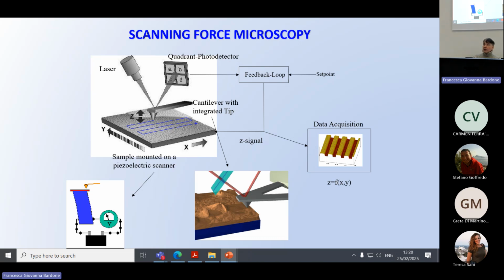So if you have cells, tissues, or biological material, you can set your tip inside the water dish, and your tip can feel the membrane of your cell, and you can image your cell perfectly in liquid, in the biological condition of your material.